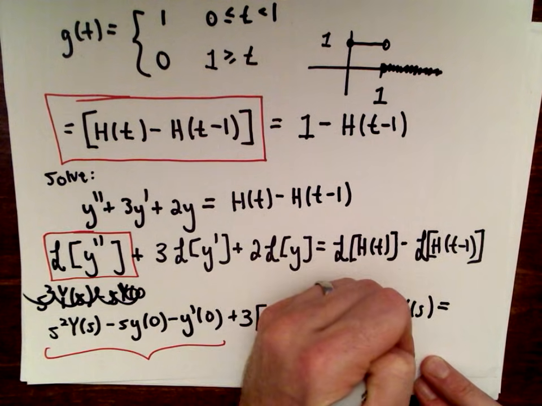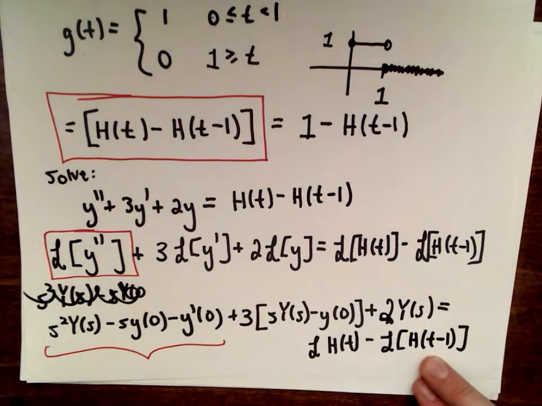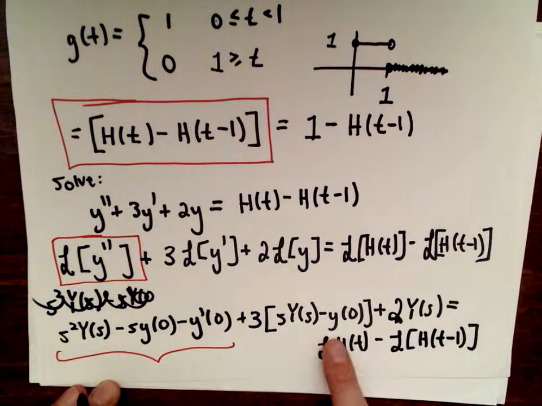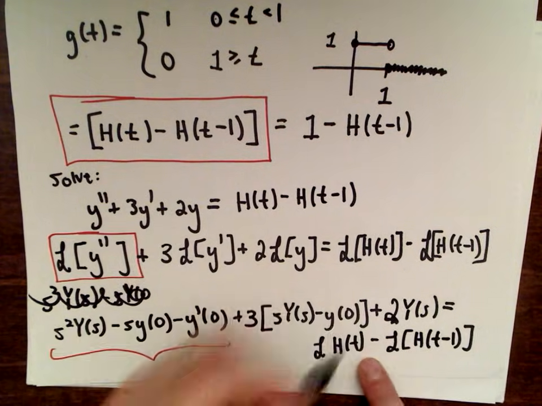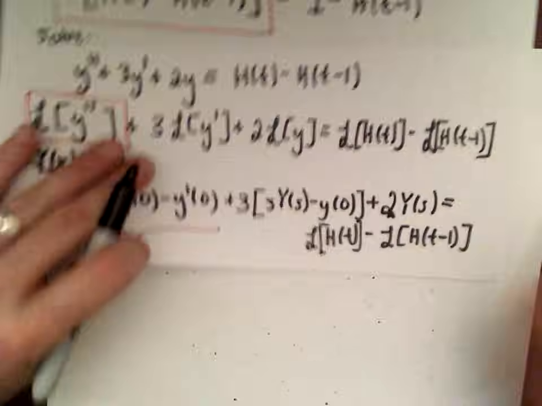So we took the Laplace transform of the left side, and we still have to do it on the right side, but let me show you how to compute that part really fast.